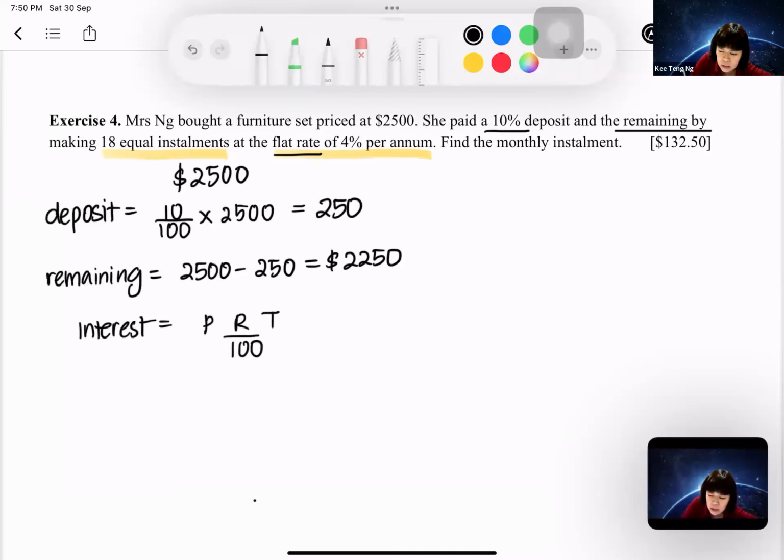Question, what is the amount I need to borrow? Which one did I borrow? 2,500, 250, or 2,250? I got three options. Is it 2,500 or 2,250?